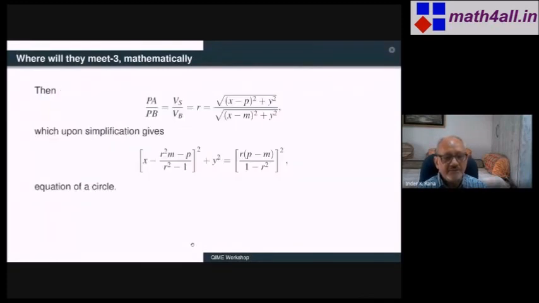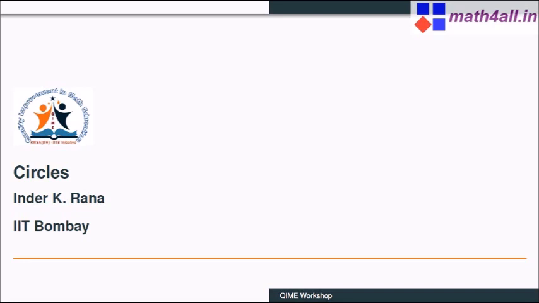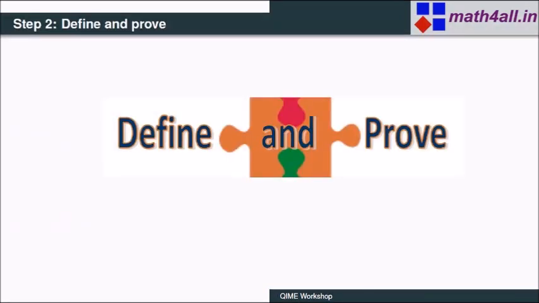Having come mathematically and via GeoGebra to the concept of an object called a circle, right? So this is the equation that we saw. So let us look at define and prove. So basically, the idea is basic concepts which should lead to a circle, understand static and dynamic definition of a circle.